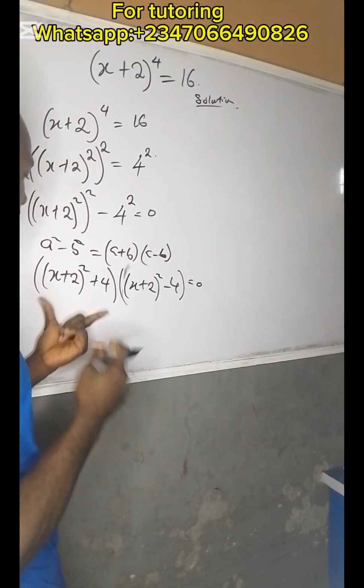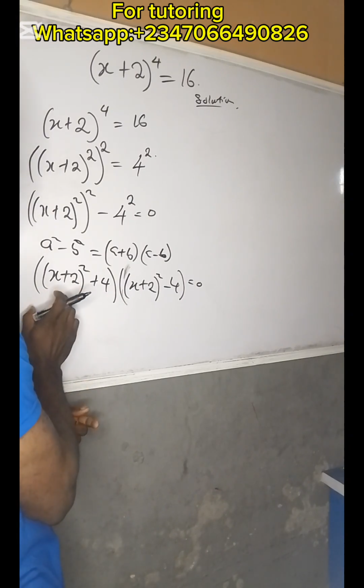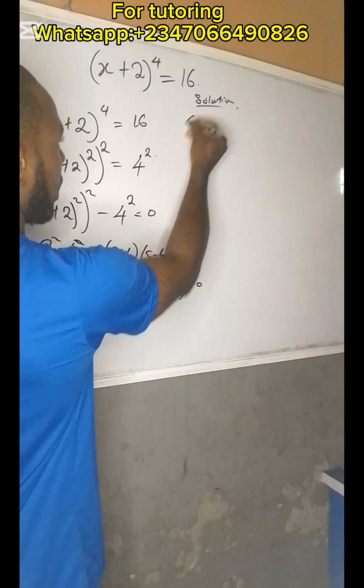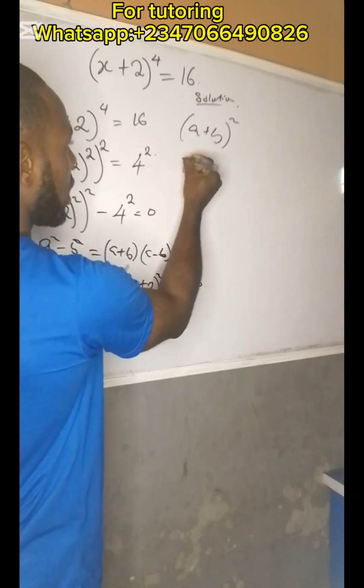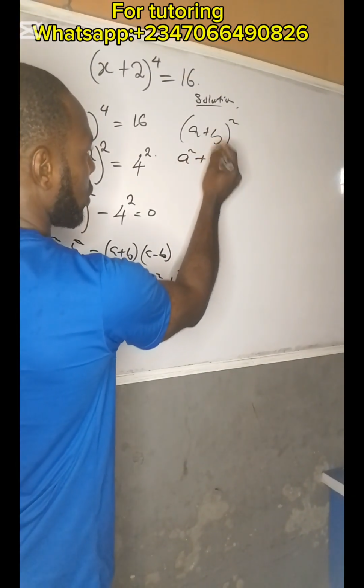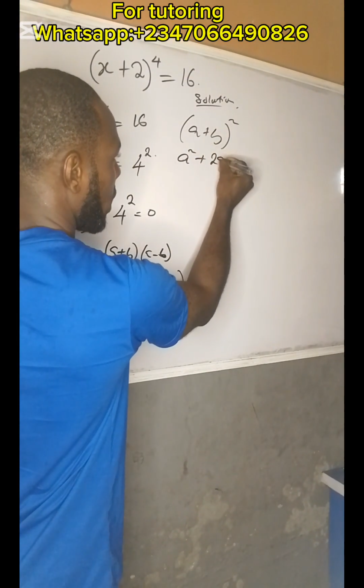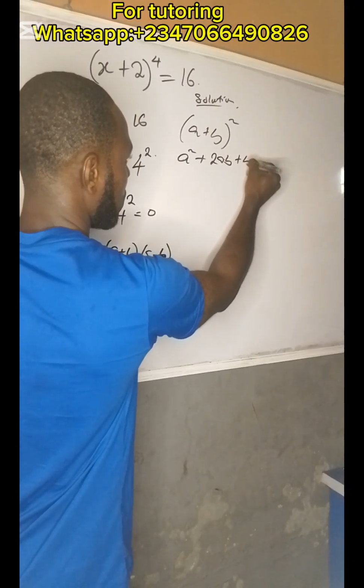Now, we can open this bracket. Don't forget that (a + b) squared is a squared plus 2ab plus b squared.